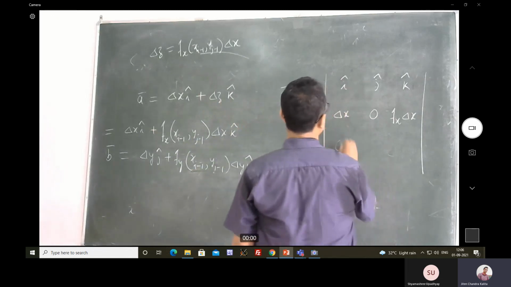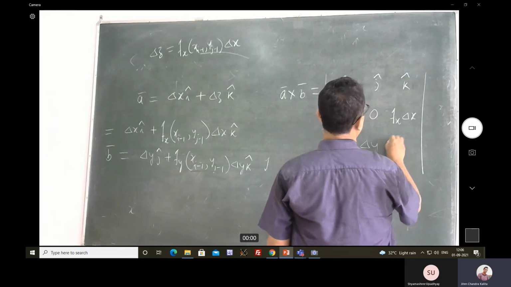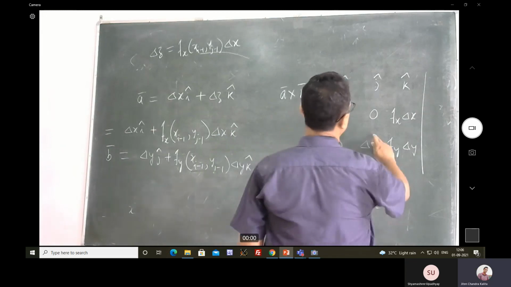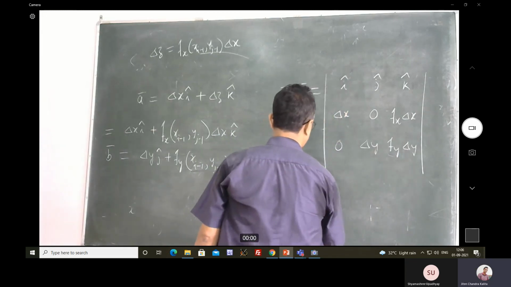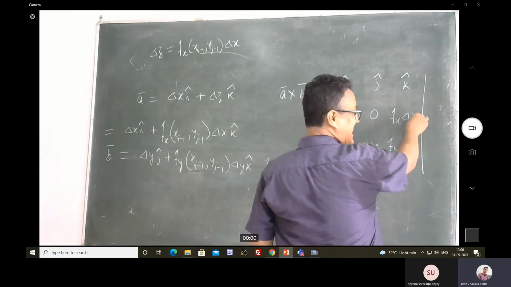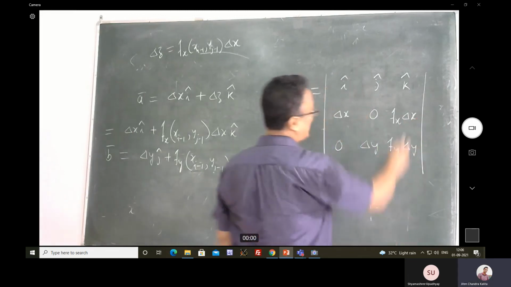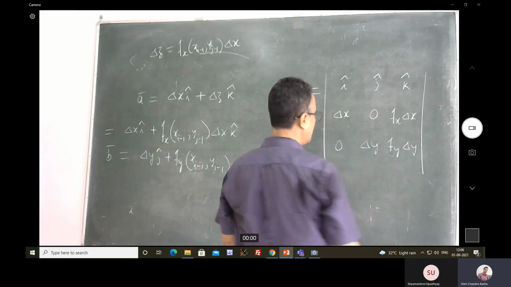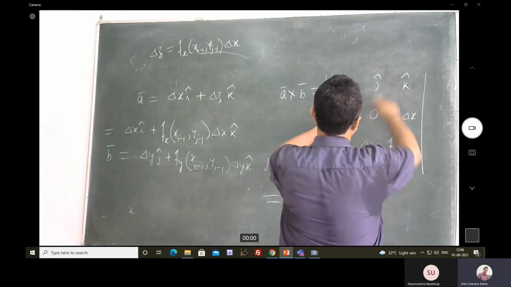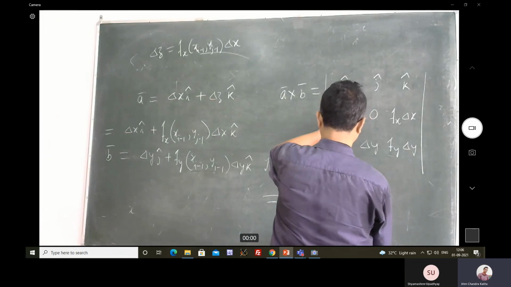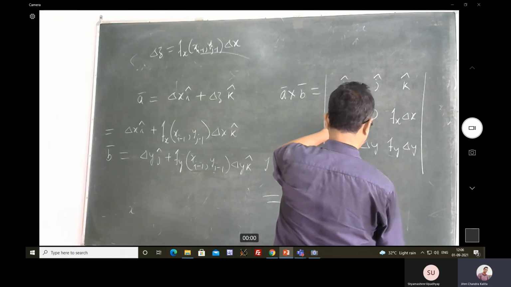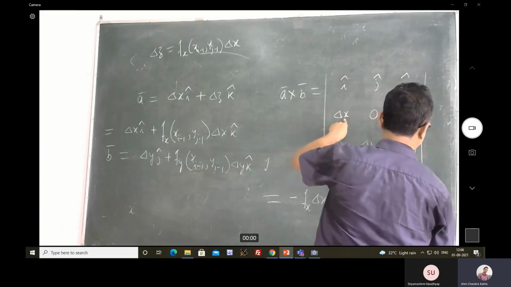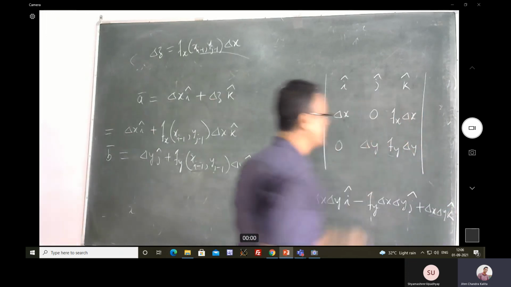So this is equal to i times minus f_x delta x delta y, then minus j times f_y delta x delta y, and for k simply plus delta x delta y k.